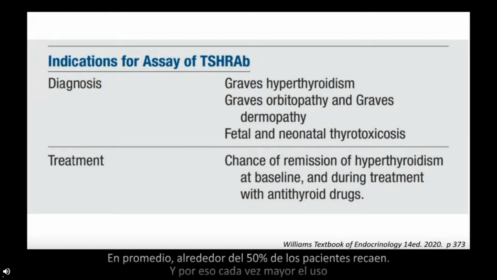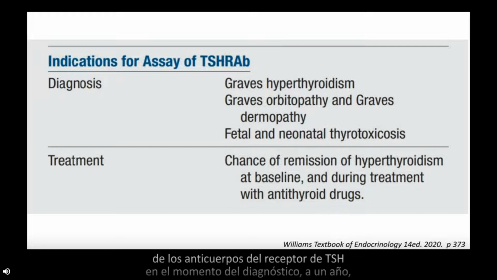On average, about 50% of patients relapse. And so increasingly, the TSH receptor antibodies are used at diagnosis, at a year, or at 18 months to monitor whether or not to continue antithyroid drugs.